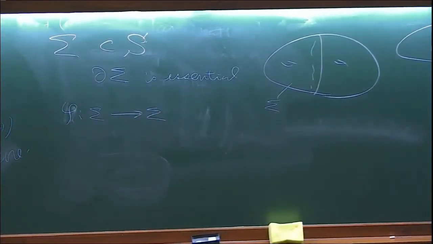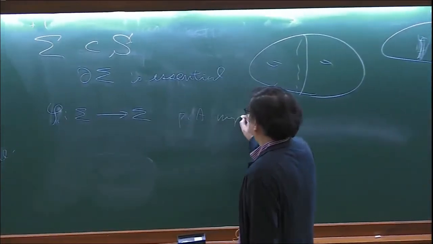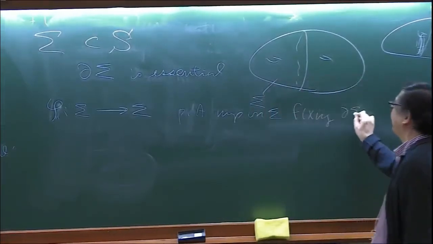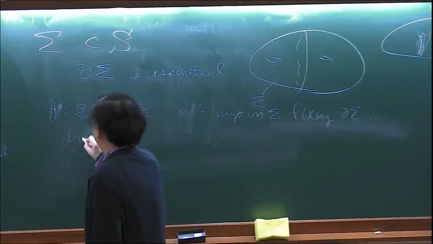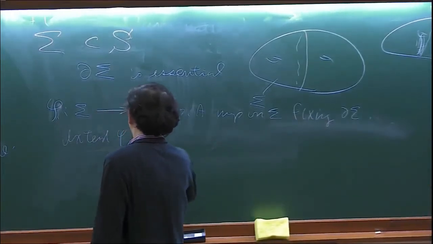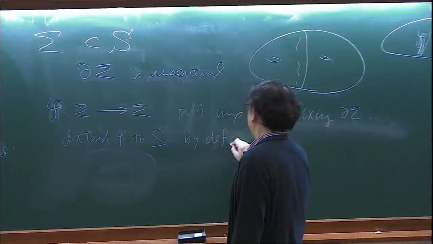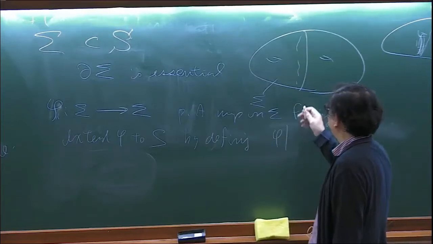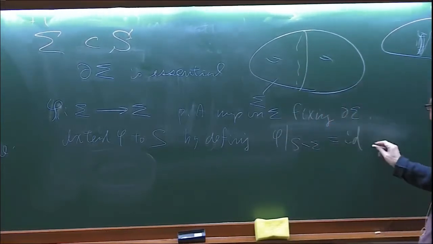So phi is a pseudo-Anosov map on sigma fixing the boundary, and we extend it to the entire surface by defining phi on the complement to be the identity.